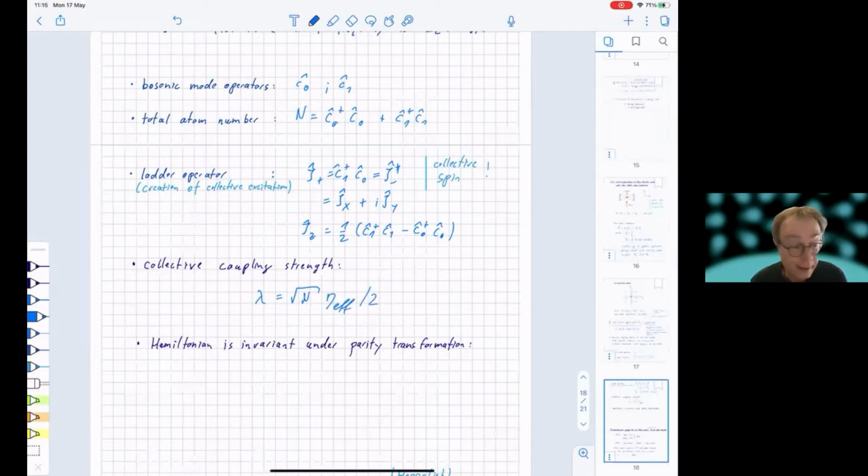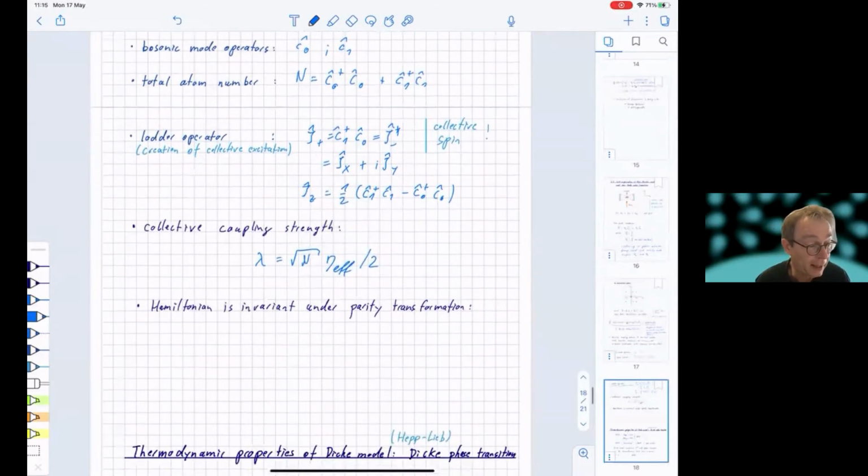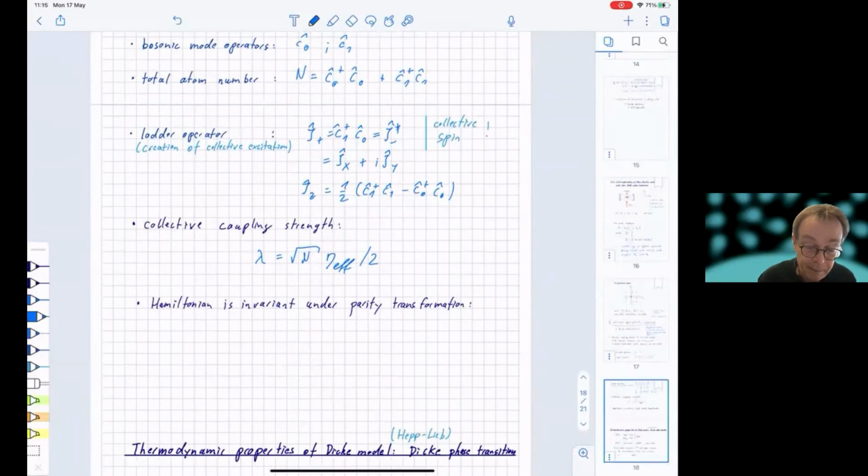That is given by lambda, and the square root of n, where n is the total number of atoms. And what is also important to note is that this Hamiltonian is invariant under a parity transformation. And we will see in the phase transition, that is exactly the symmetry that is broken.